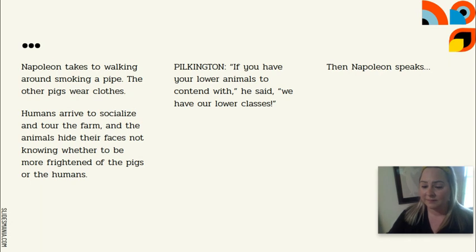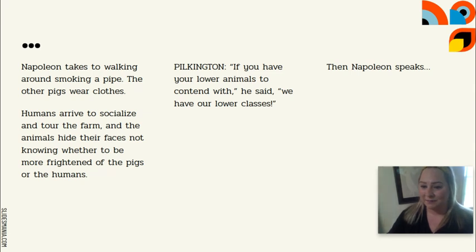Later on that evening, as they were all playing cards and drinking around the table in the farmhouse, Pilkington praises Napoleon and the farm, and he says he realizes just how similar they are now and how silly it was to have any bad blood between the humans and the pigs.